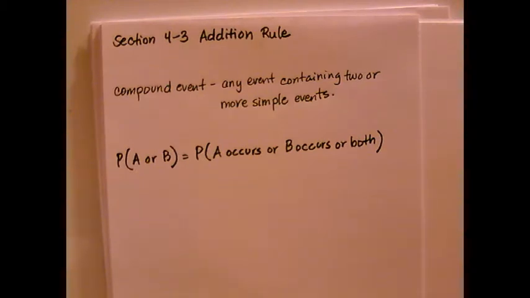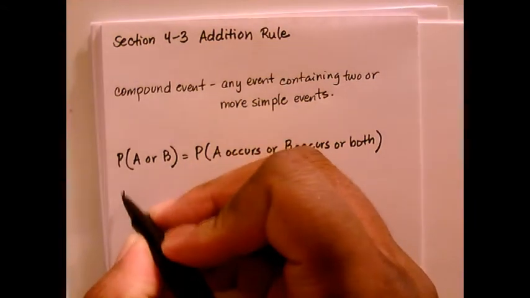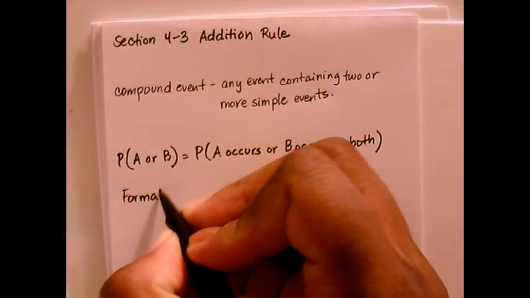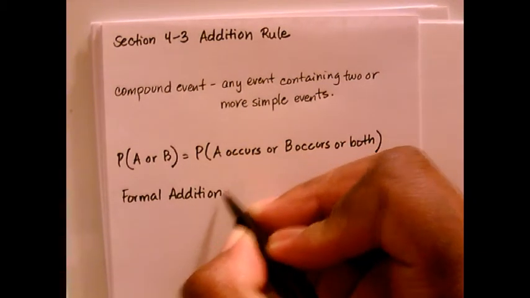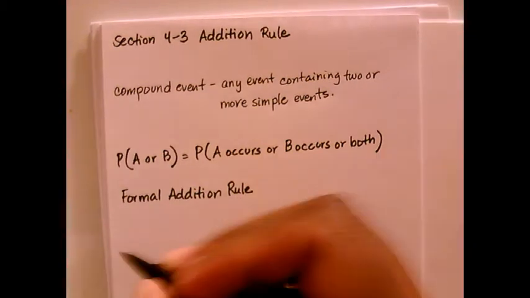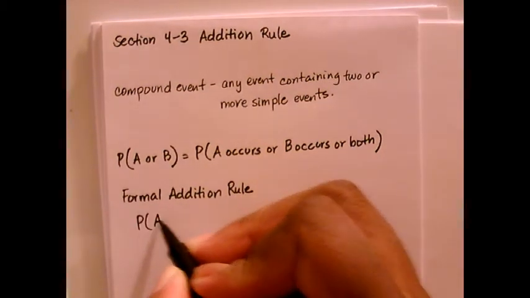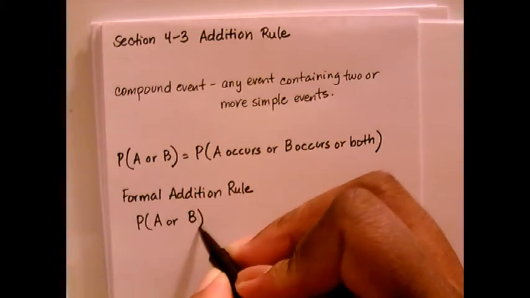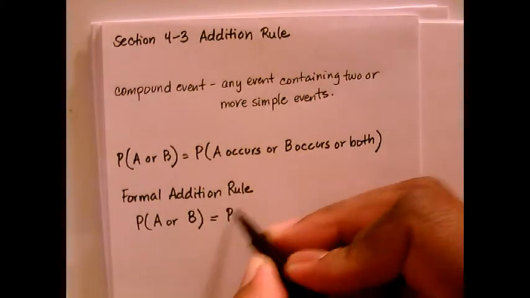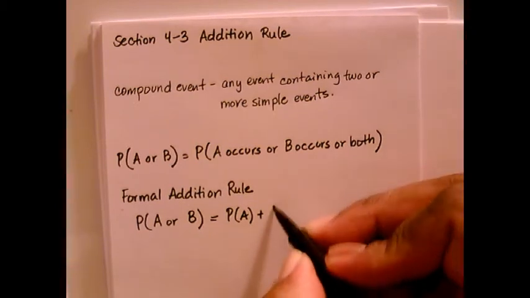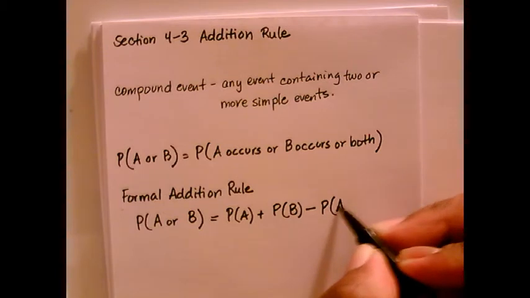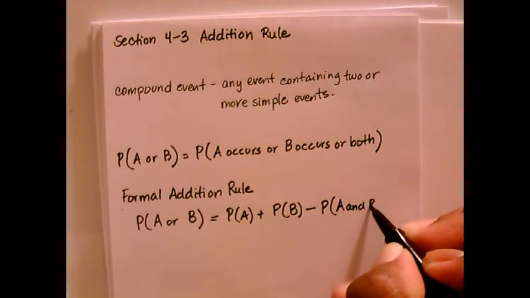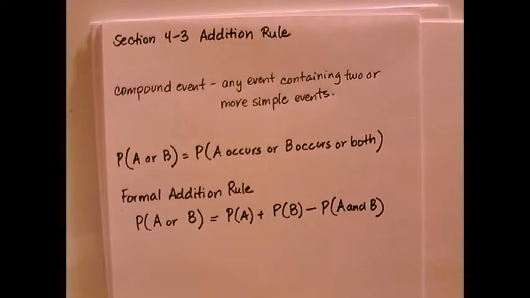Okay, so here's what the formal addition rule states, and we'll be using this to solve problems. If you have the probability of event A or B, that means you have the probability of event A plus the probability of event B, and then you have to subtract off the probability of event A and B occurring.